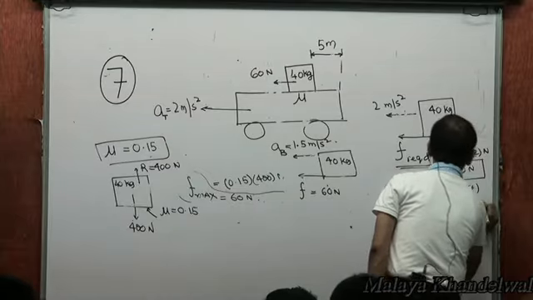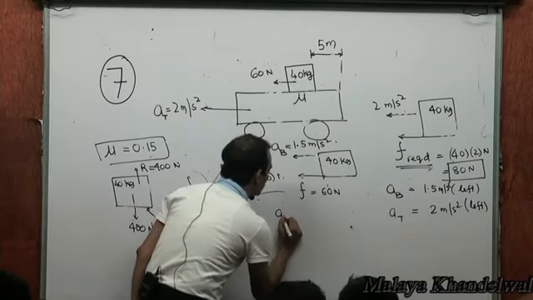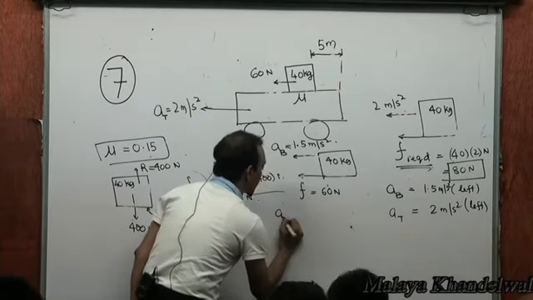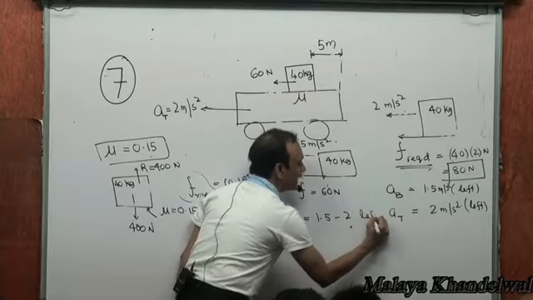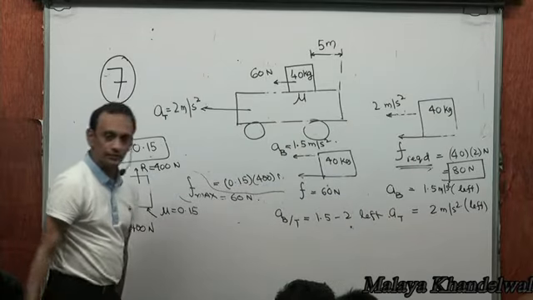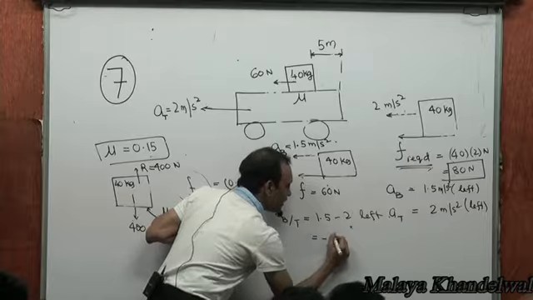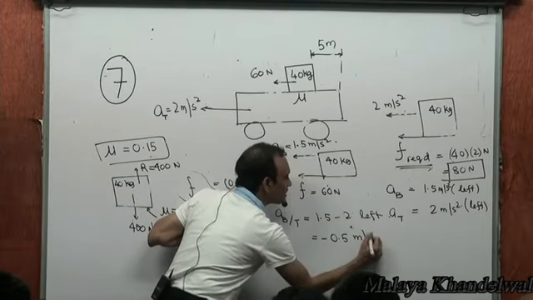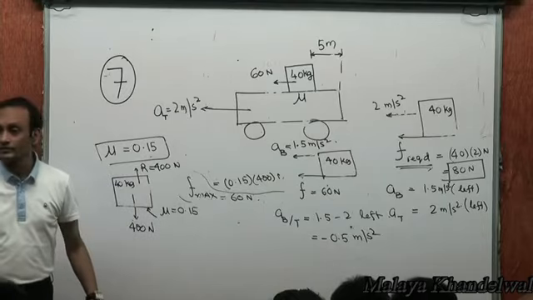So, acceleration of the block with respect to the truck is going to be 1.5 minus 2 to the left. Both are to the left. That means minus 0.5 to the left is the acceleration of the block with respect to the truck.